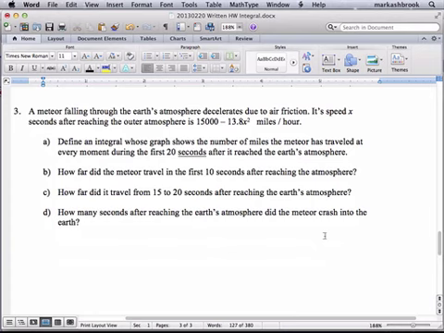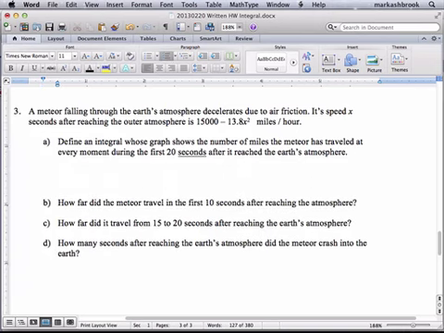Number 3. Integral. Somebody new who wants to define this integral. Because we want it to be in seconds, we'd rather have this thing in miles per second.